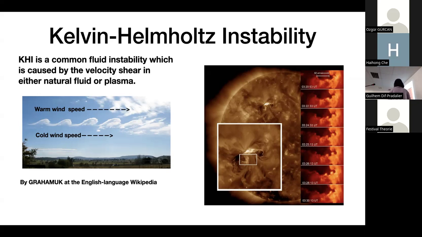Kelvin-Helmholtz instability is very common in fluid, and it's also very common in plasma. This is a discovery of the Kelvin-Helmholtz instability in the solar corona. You see, it causes patterns similar to the clouds.